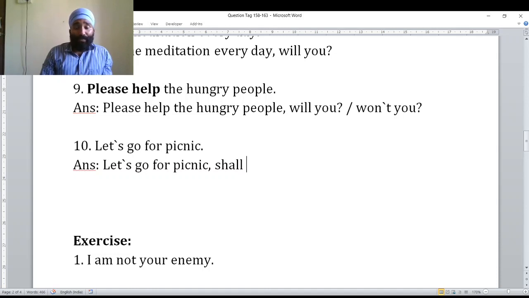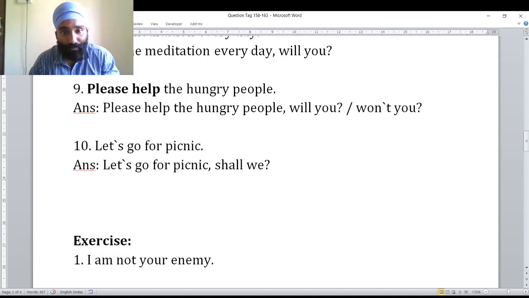So here you have to add the pronoun we, because let us is the subject. Us is a plural form, and related to us we use we as the pronoun. Shall we? Always you have to use shall we, even if the given sentence is negative.